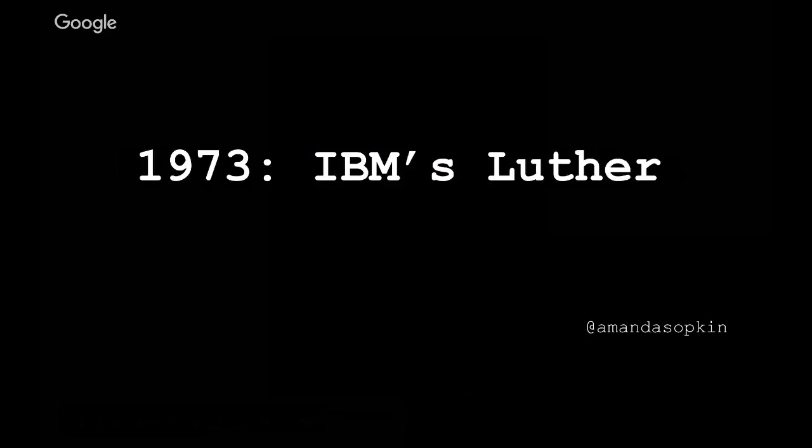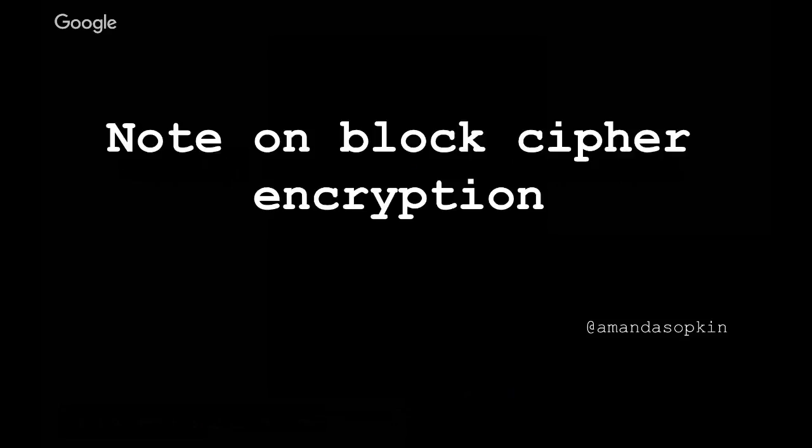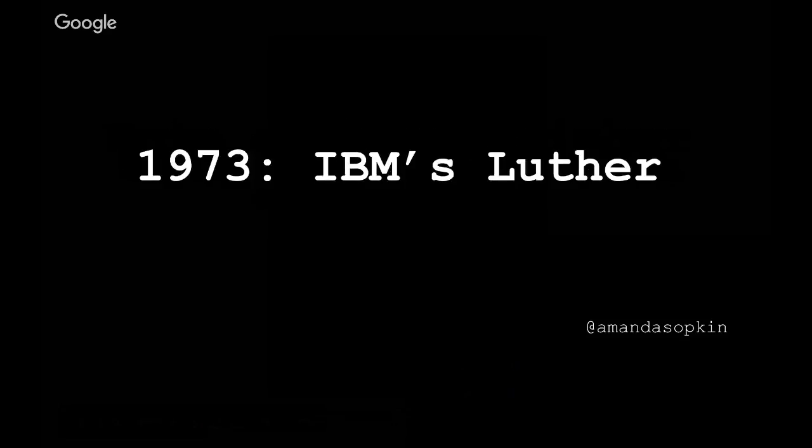And eventually, this one that was invented by IBM called Lucifer was accepted, and it was called the Data Encryption Standard. And just to go back really quickly, the Data Encryption Standard was eventually broken by an exhaustive search attack, so we'll get into that.